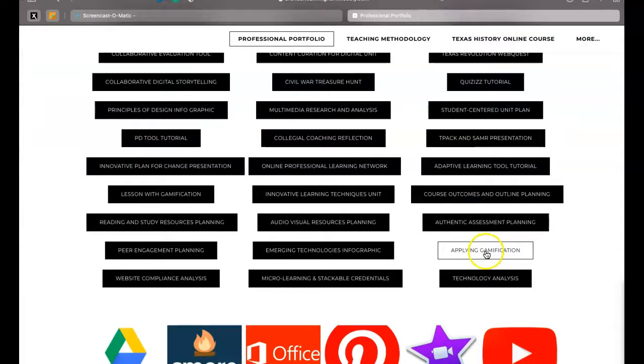Then the next thing was a collaborative assignment that we worked on as a group. It was me, Tabitha, and Nicole who worked on this, where we had to work through a scenario and find the best technology solution for that scenario.